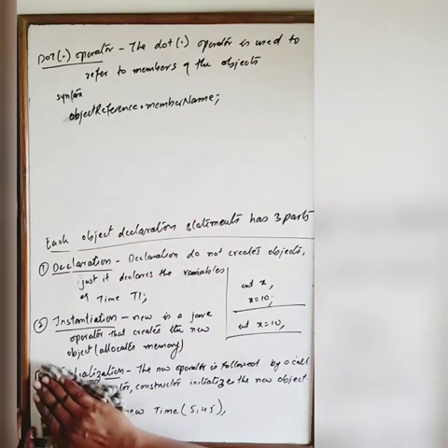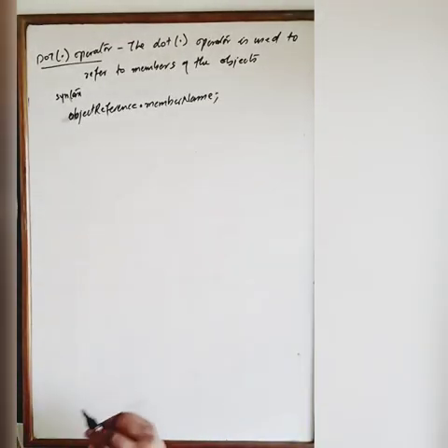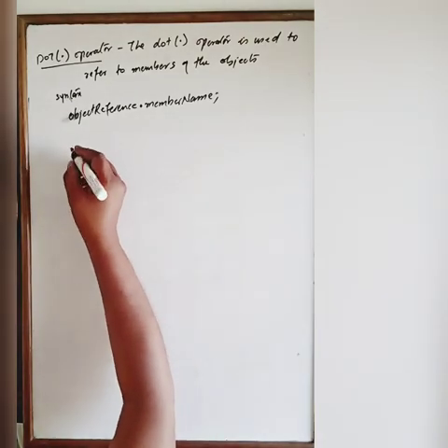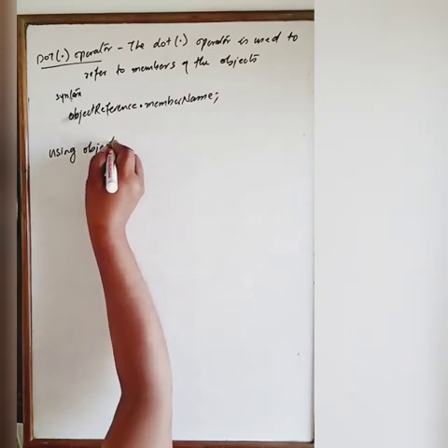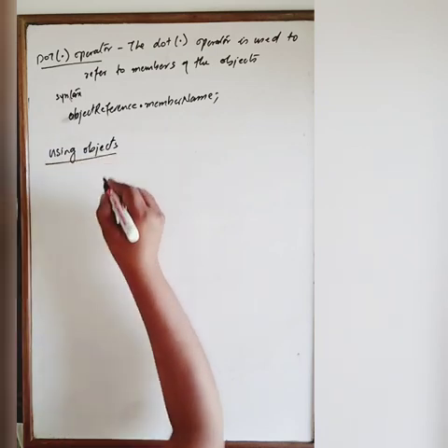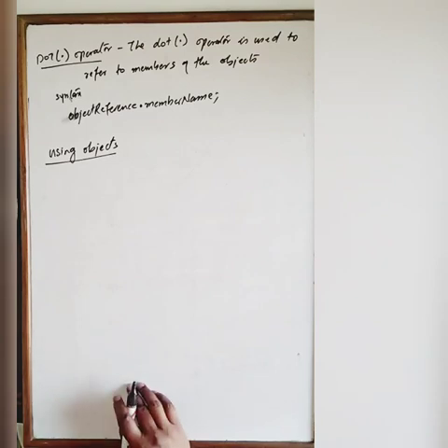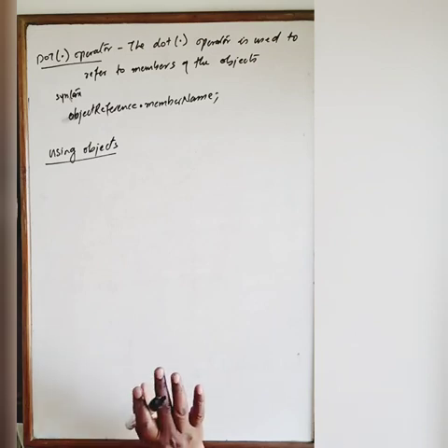Now the next topic: how to use an object, that also we'll see. Using objects. Now there are two ways of using an object. Either you manipulate an object, that is, the object can be used to manipulate or to change the variables, or it will be a call to a function.